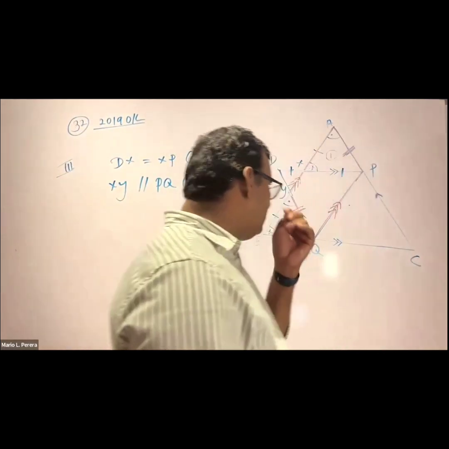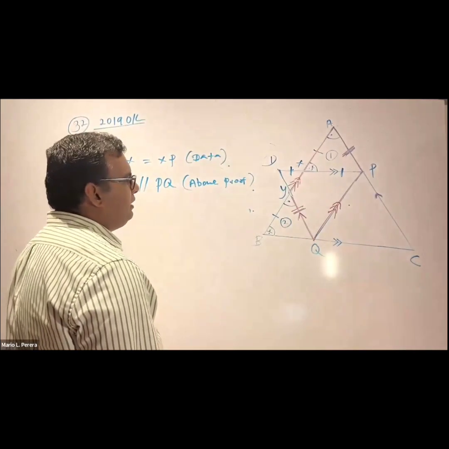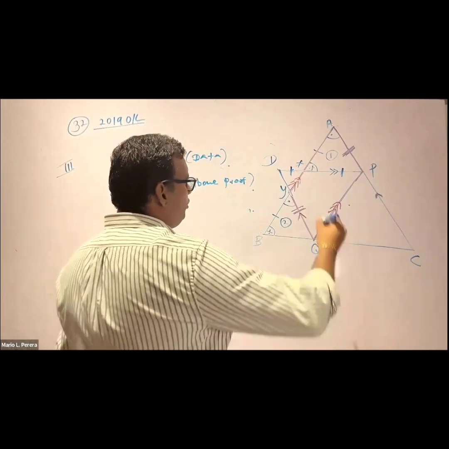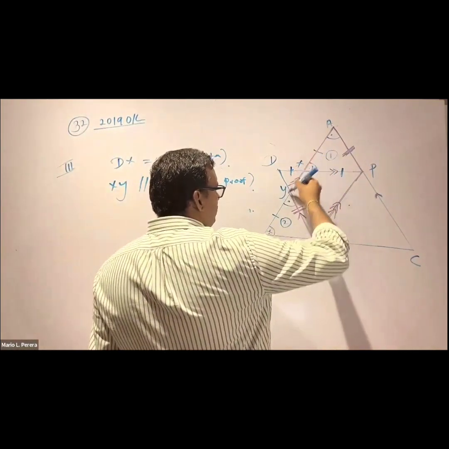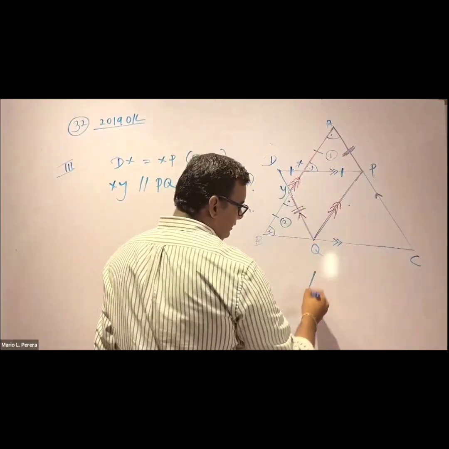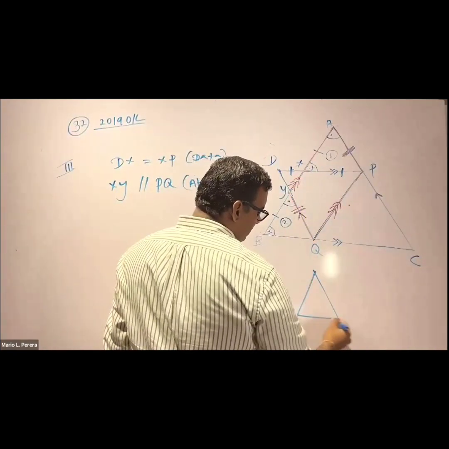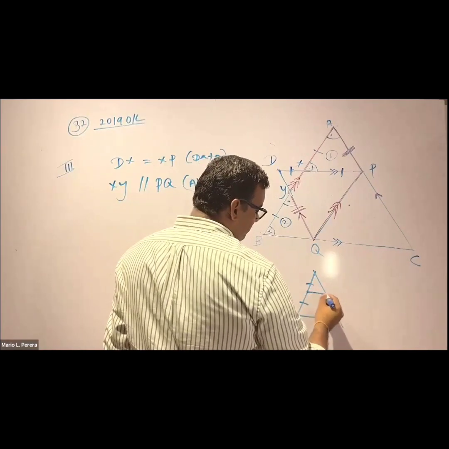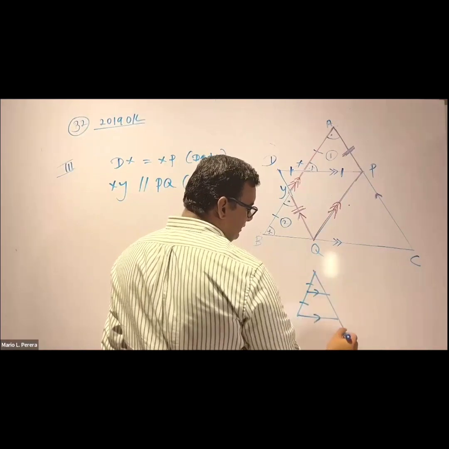So according to the converse of the midpoint theorem. Now X is a midpoint, no? So from a midpoint, when you draw a parallel line, it bisects the third side. From a midpoint of one side, if you draw a parallel line, it bisects the third side.